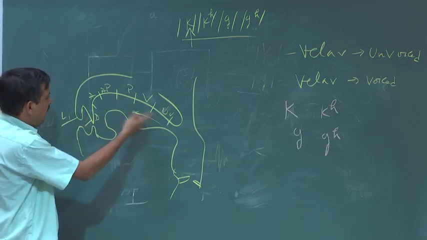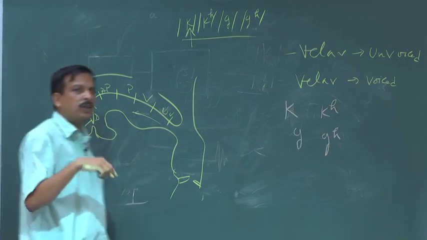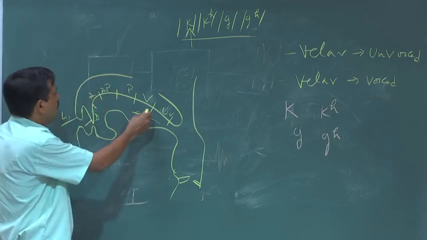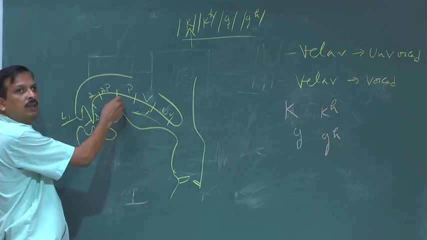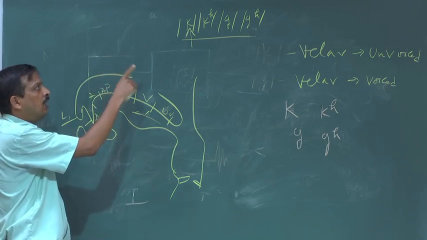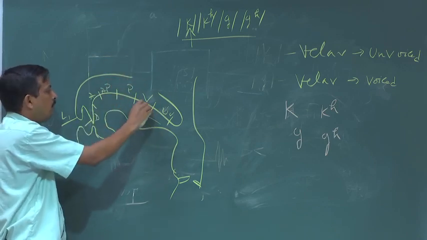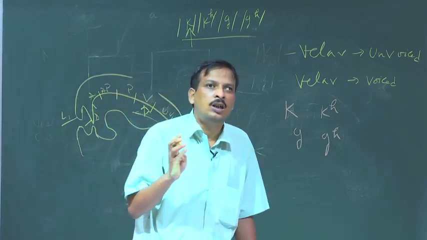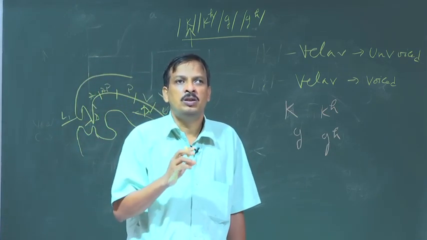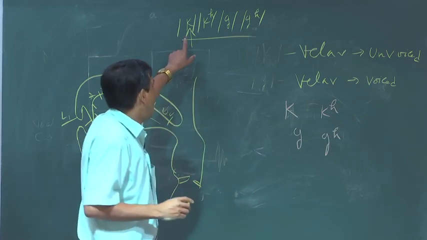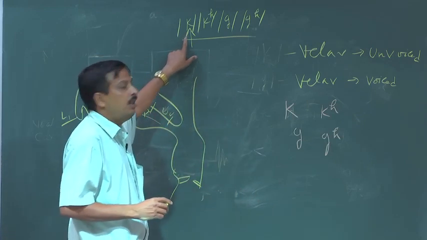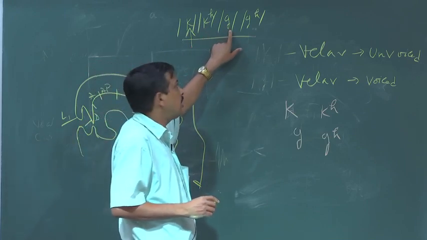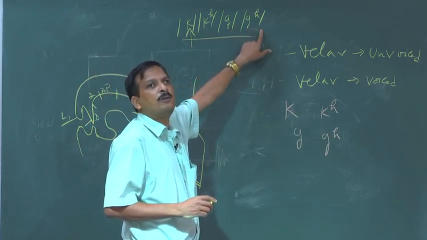Depending on that, in most of the Indian languages, Bengali, Hindi, among the velar sounds we have ka, kha, ga, gha. We start from here, velar consonants: ka, kha, ga, gha. The difference is unvoiced unaspirated, unvoiced aspirated, voiced unaspirated, voiced aspirated.